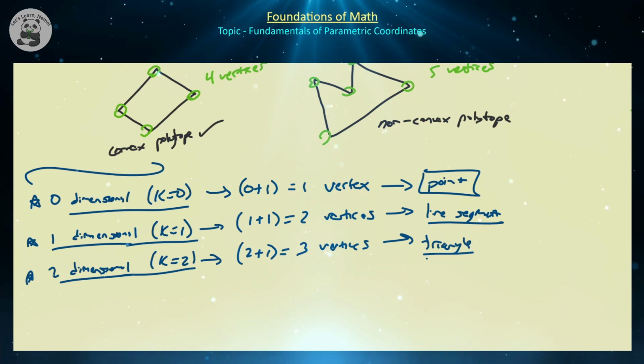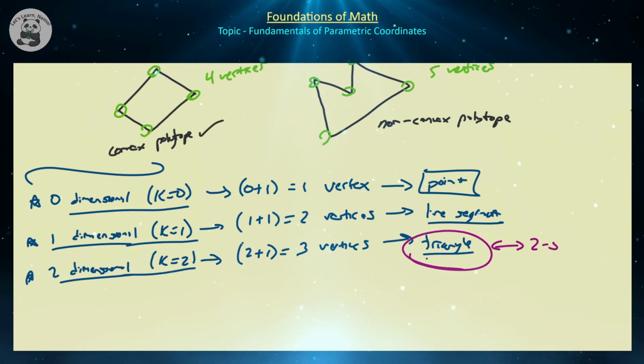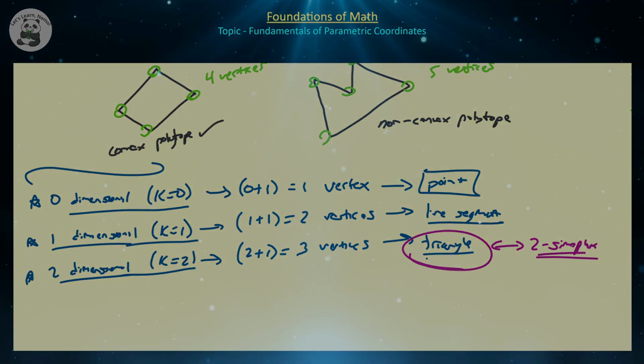So a 2 simplex is a triangle, a 1 simplex is a line segment, a 0 simplex is going to be a point, a 3 simplex would be a tetrahedron, and that would of course extend into higher dimensions, but we're just going to be primarily focused on the 2 simplex here, right? So triangle and a 2 simplex are going to be synonymous as far as we are concerned.